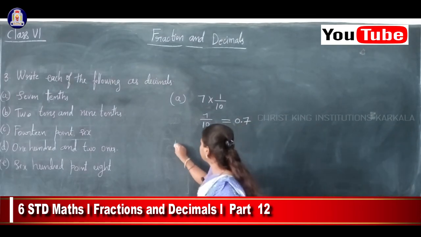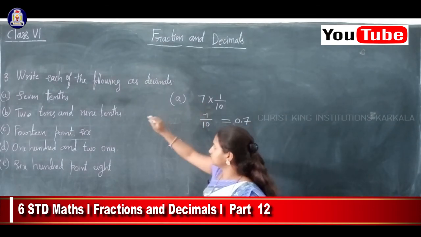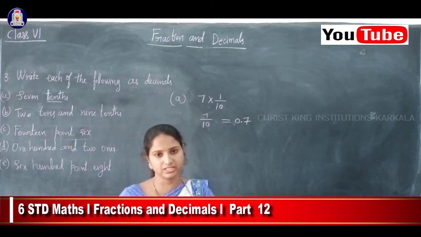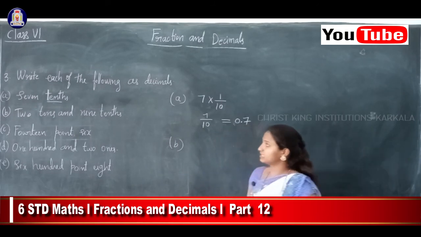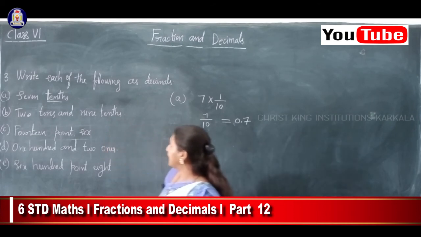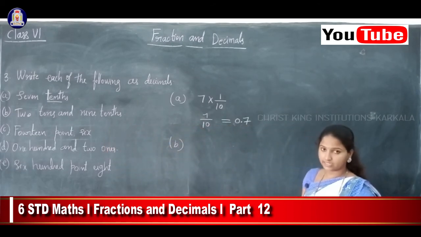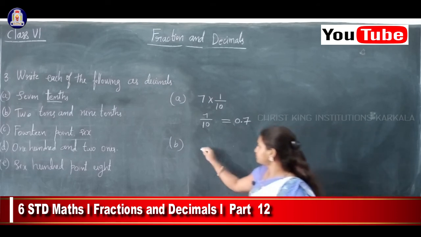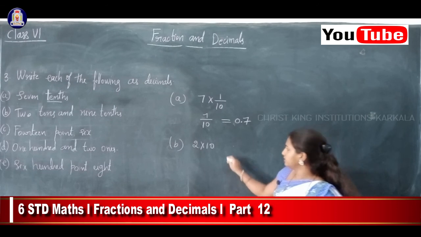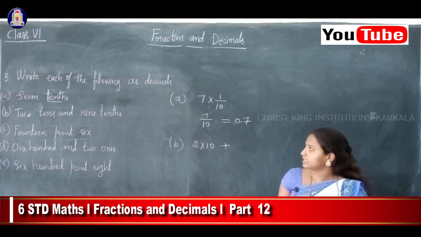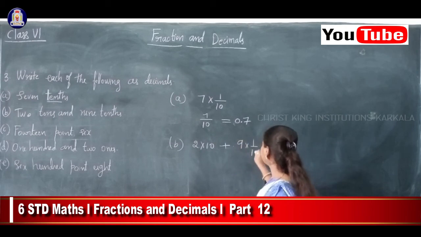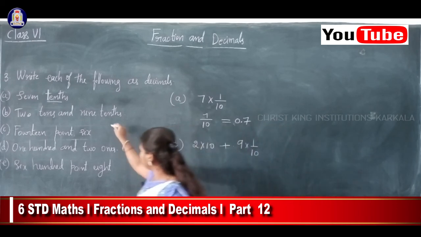Okay. Understood? Tenths means 1 by 10; after ones, next comes tenths. Next, B question: 2 tens and 9 tenths. 2 tens means 2 into 10, plus 9 tenths, which means 9 into 1 by 10. Do you understand the difference?